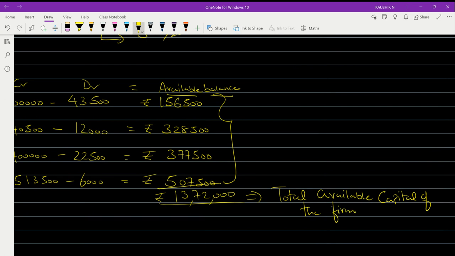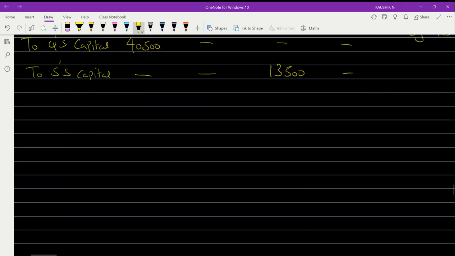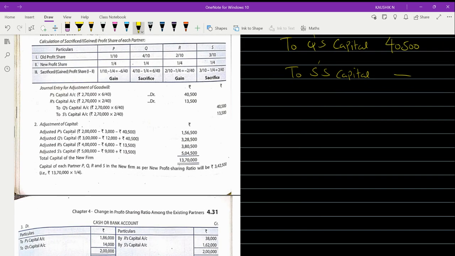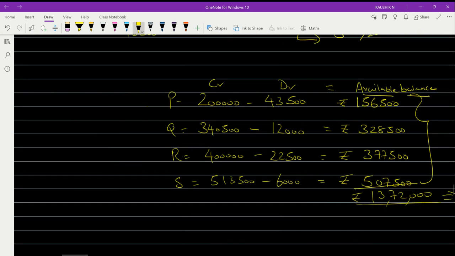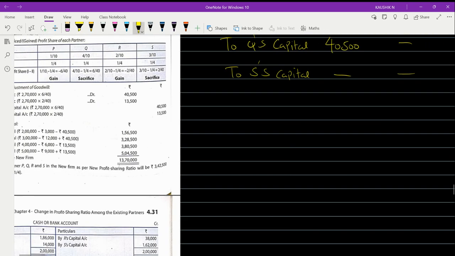How? Individually they are called partners, collectively they are called the firm, right? Okay. This is the step they have performed over here. 13 lakh 70,000. But how much did you say? 72,000. Somewhere I think you've gone wrong.